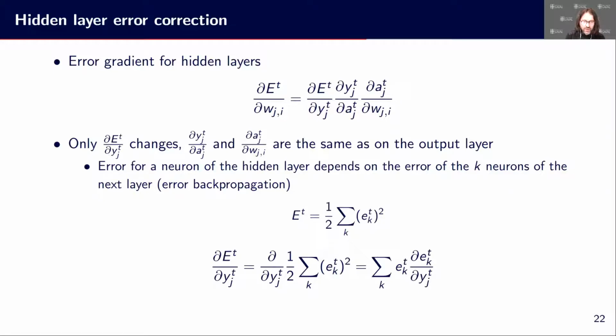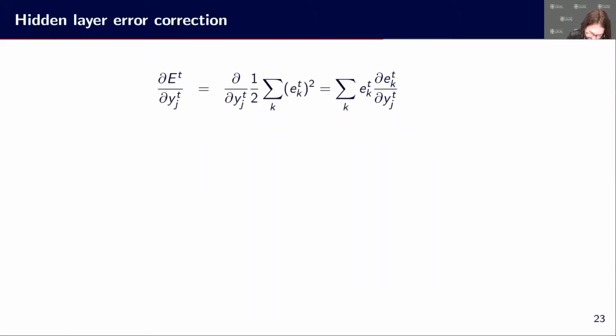If we develop the error according to y_jt, we get something like this. We are computing the derivative of e_kt squared. So basically we get a summation over the k of e_kt times the partial derivative of e_kt according to y_jt.